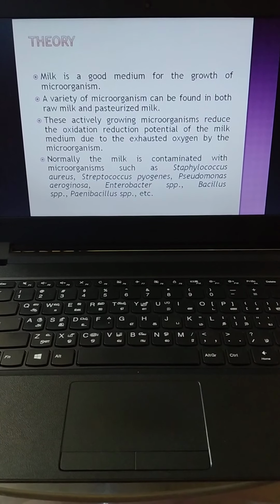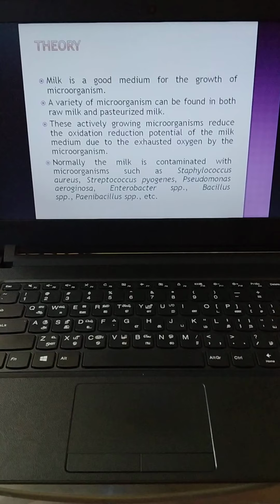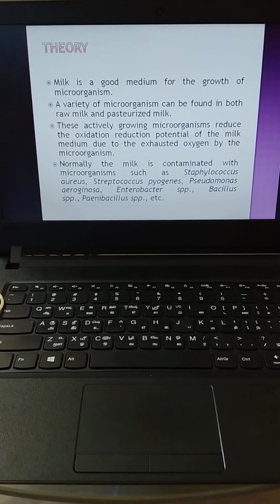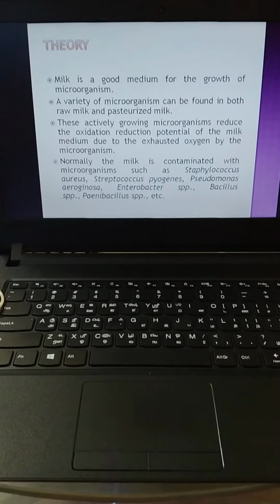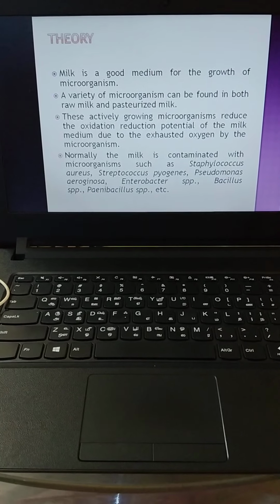The theory here is that milk is a good medium for the growth of microorganisms.